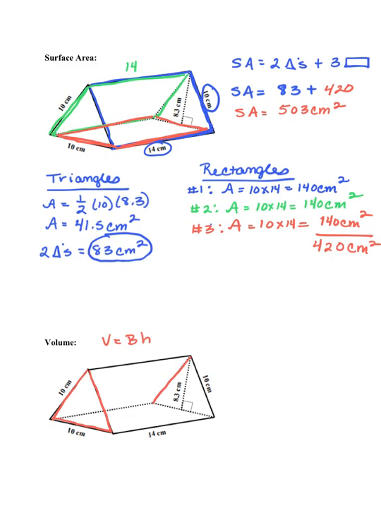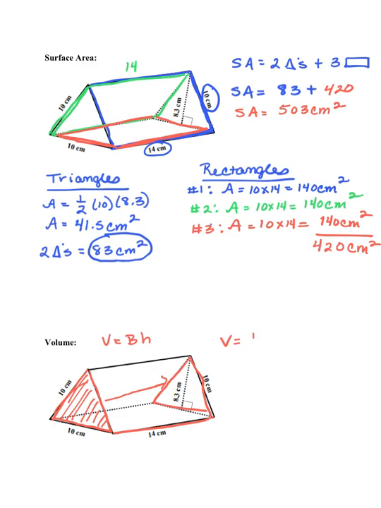So I just need to take one of them, calculate the area, and multiply it by the height, because we're taking one of these bases and stacking it up for the entire height of the figure.